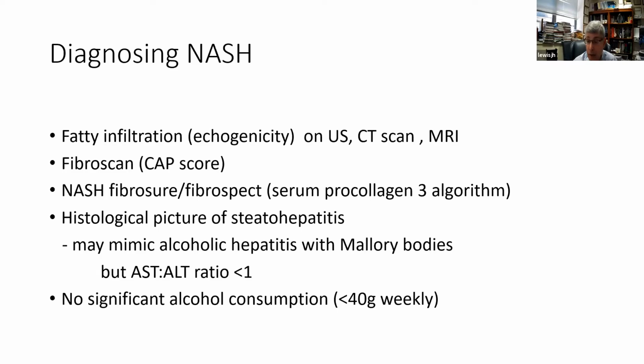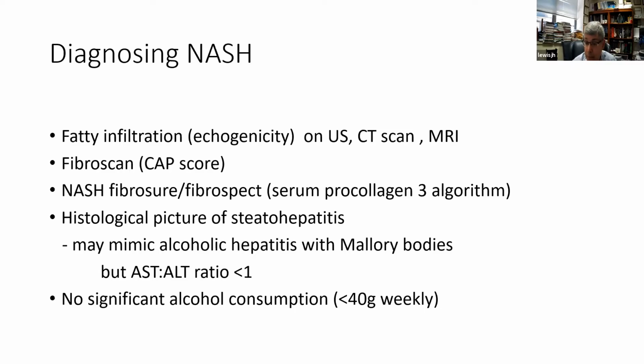In our liver clinic, we do a FibroScan, and in addition to giving us a CAP score, which is the proportion of fatty hepatocytes, if you have a CAP score above 250, it means that there's significant fat in the liver. That's an easy one, non-invasive.